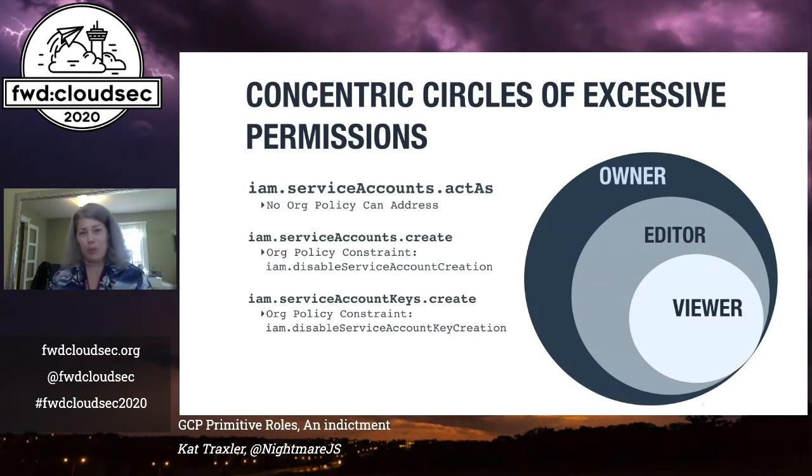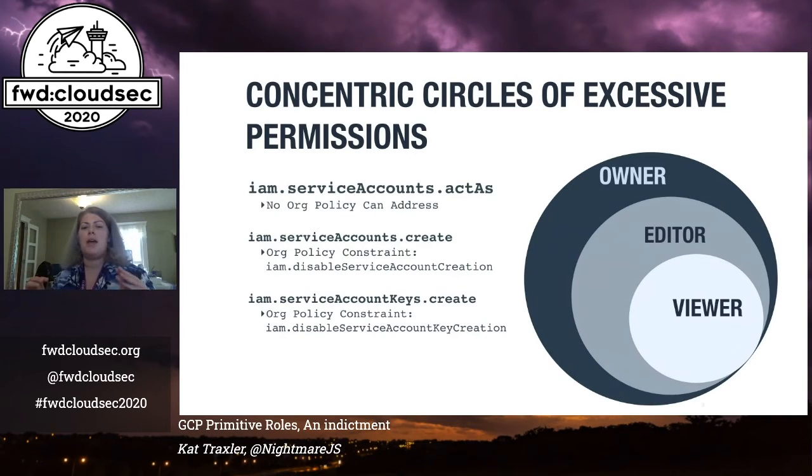The act as permission is not transitive in nature. It is unlike the get access token permission, and it is unlike the get ID token permission. Those two permissions allow for a user to obtain an access token for a service account via the public GCP APIs.